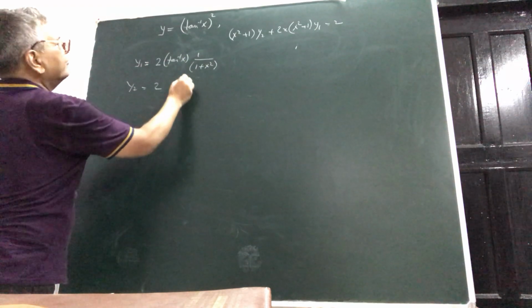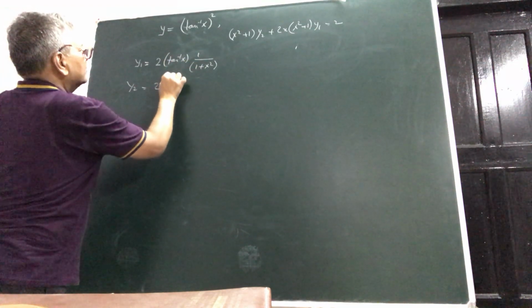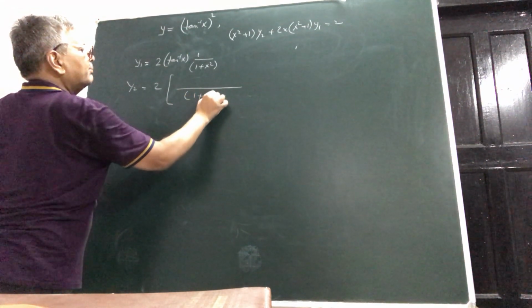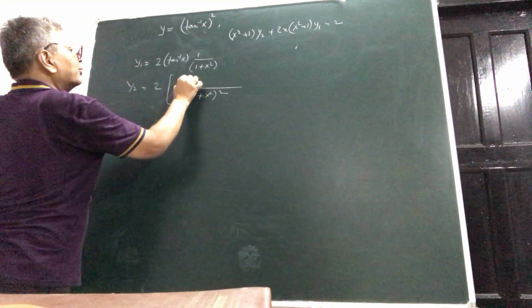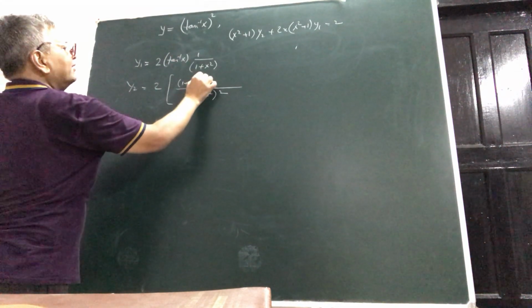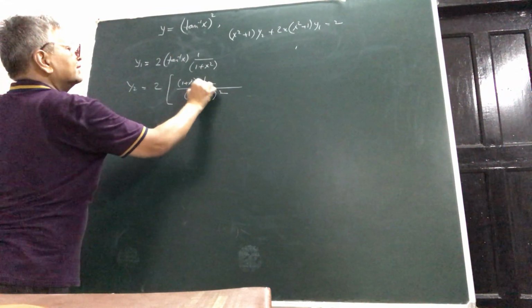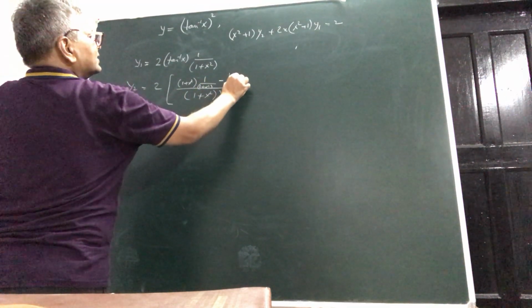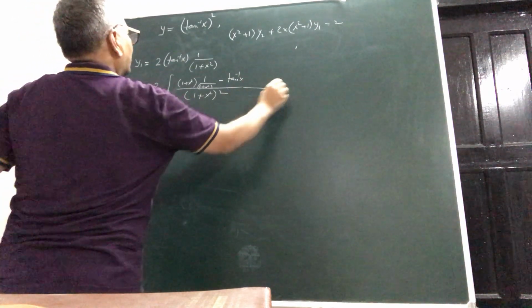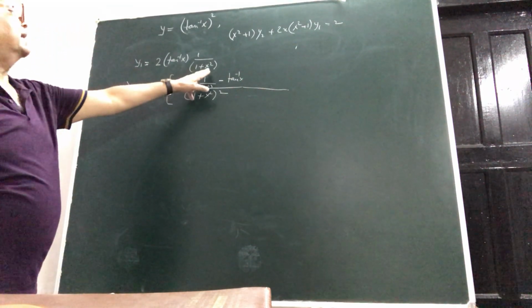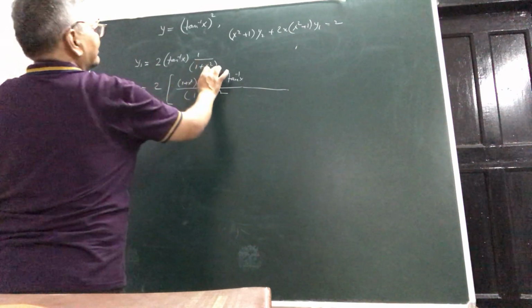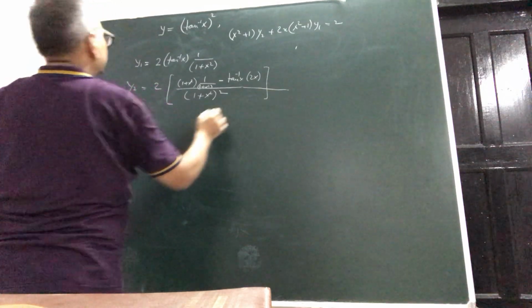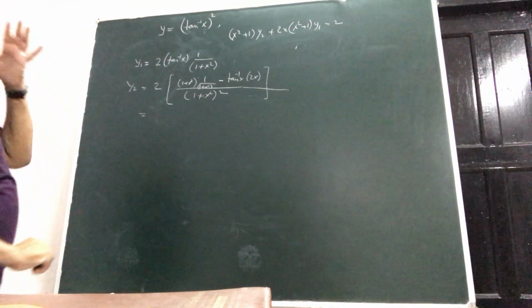So it is in the quotient form, tan inverse x upon this thing. So for obtaining the derivative, the quotient rule we will apply. So (1 plus x square) into derivative of tan inverse x, so this is 1 upon 1 plus x square, minus numerator, that is tan inverse x, into derivative of what? 1 plus x square. So 1 plus x square derivative will give you what? 2x. Let us see what it gives us finally.